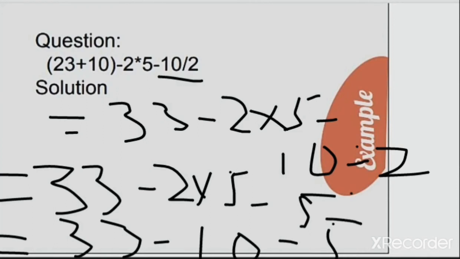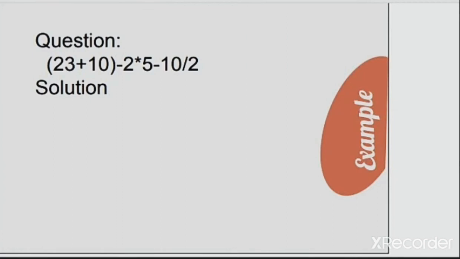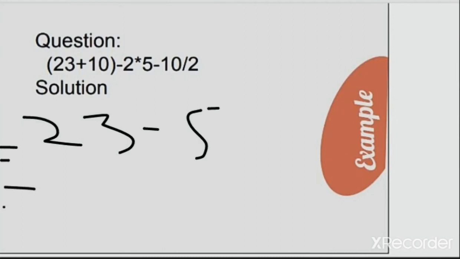Okay, in the next step, now you have to subtract 10 from 33, which will become 23. So our next step will be 23 minus 5, and 23 minus 5 will result in 18.